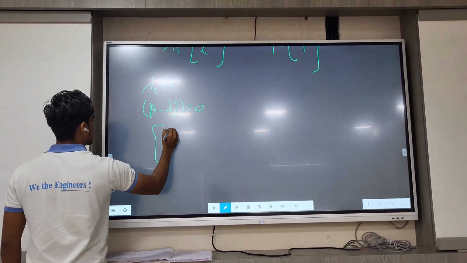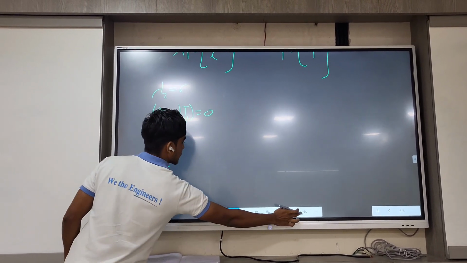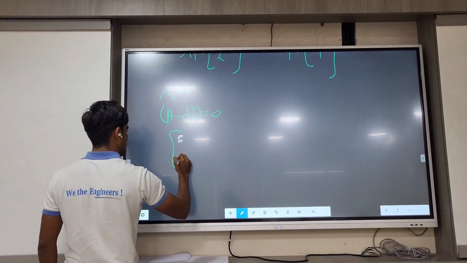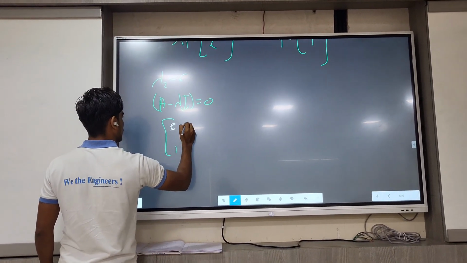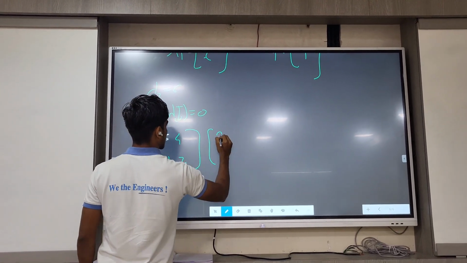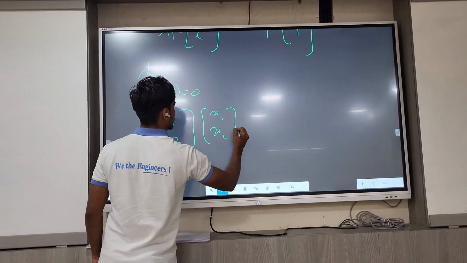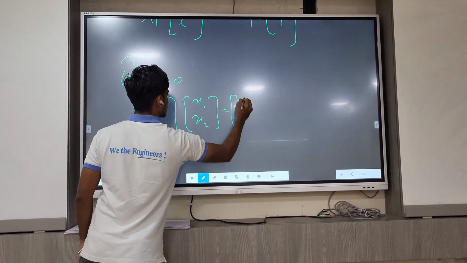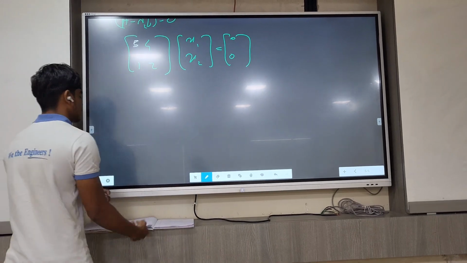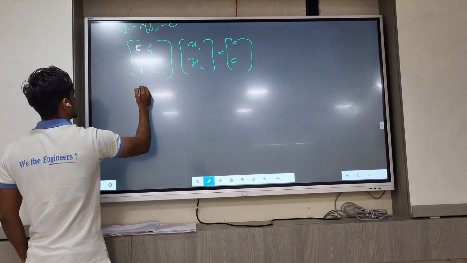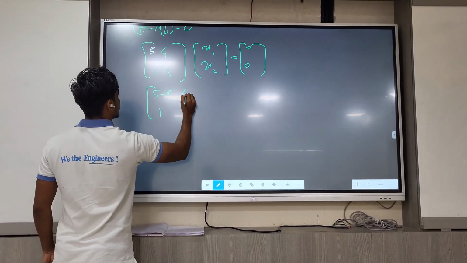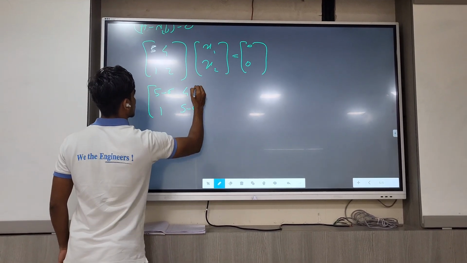So we do the same: 5, 4, 1, 2, then x1, x2 and 0. Lambda 2 is 6, so we have 5 minus 6, 4, 1, 2 minus 6.